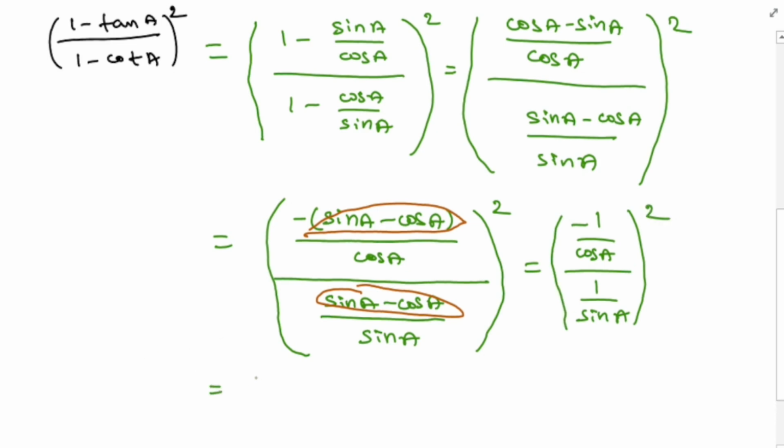Negative square is positive. Sin A divided by cos A whole square. Sin A divided by cos A is tan A and its square is tan square A, which is RHS. So this is the completion of exercise 11.4.